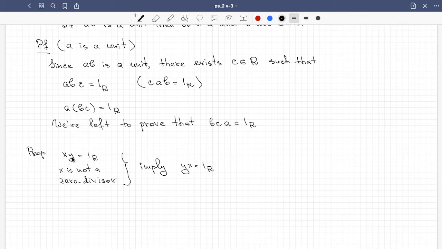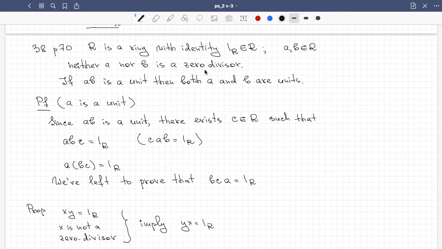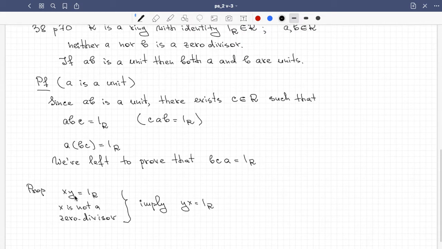Now we already have one of them, we need another to prove another one. That will follow from this proposition. Indeed, let us check that. We have A for x, BC for y, and A is given to be not a zero divisor. So the first factor is not a zero divisor, is given. Then we can interchange y and x.